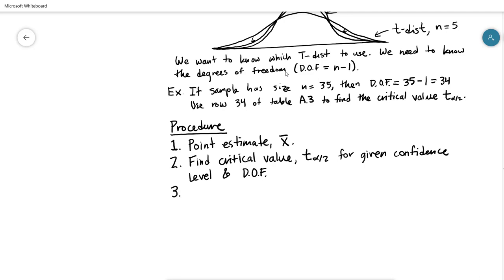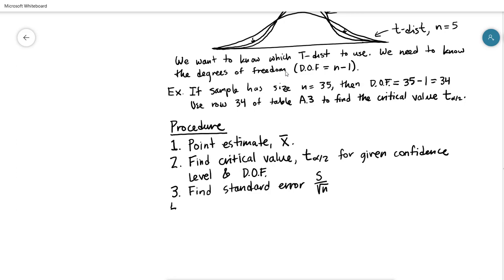In the third step, we will find the standard error. And as I mentioned before, normally this is sigma over the square root of n, but in this case we don't know sigma, so we will erase that sigma. We don't have sigma, and instead we replace it with s. So there's our standard error.